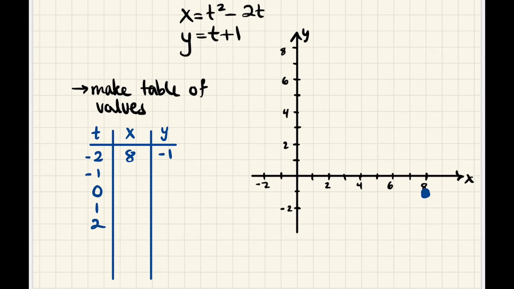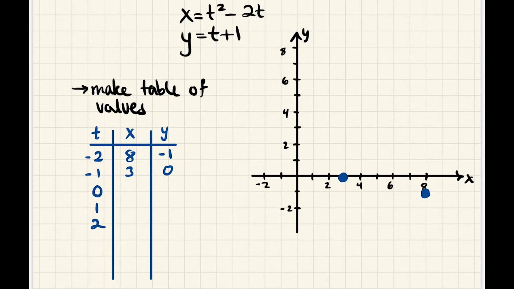Okay, so now at t equal -1, we plug into the x equation and we'll get -1 squared is positive 1 minus 2 times -1, so positive 1 plus 2, that is equal to positive 3. And plugging -1 into the y equation, we'll get -1 plus 1, which is 0. So at t equal -1, our particle is at the point (3, 0).